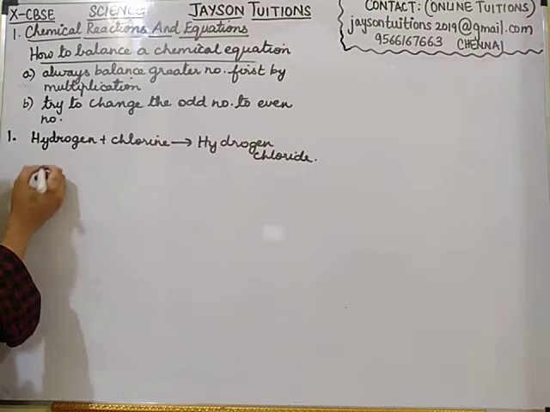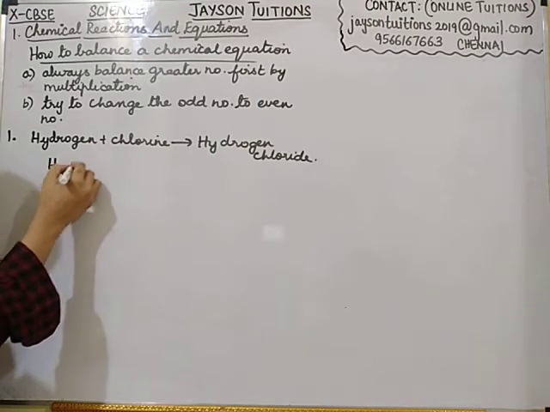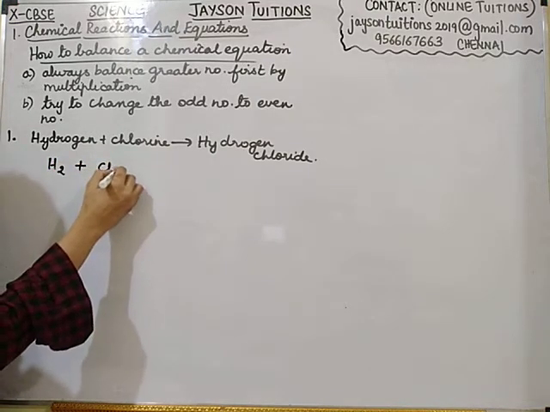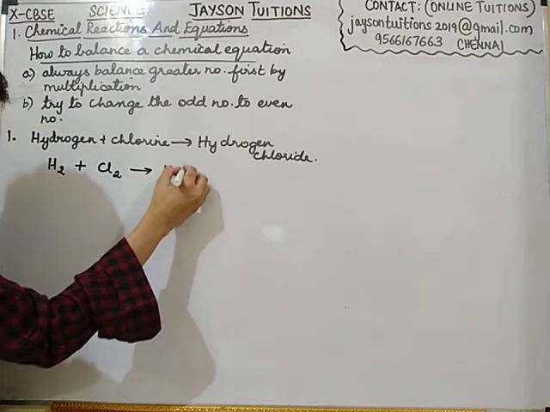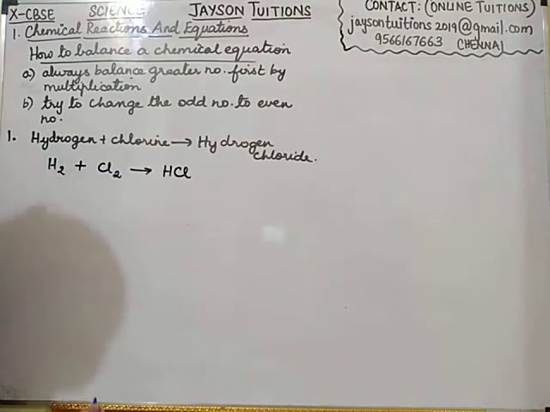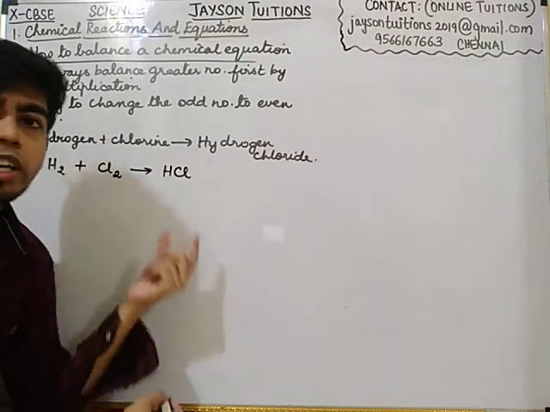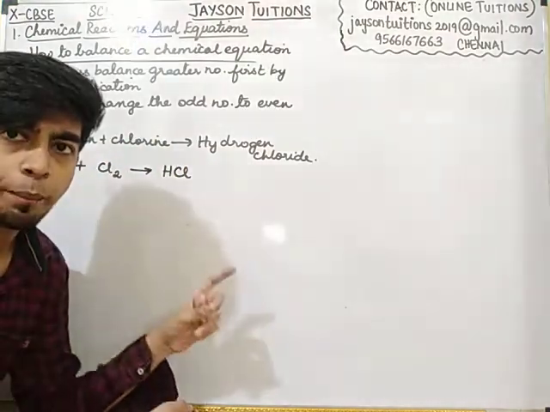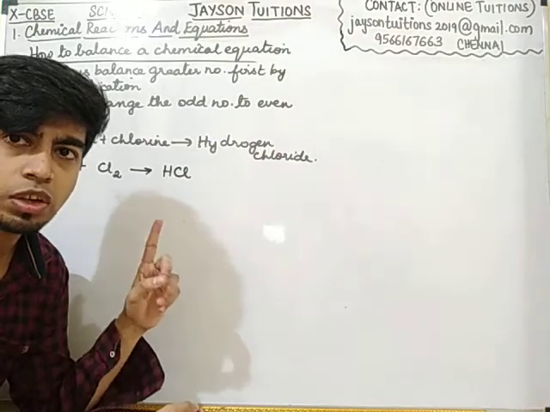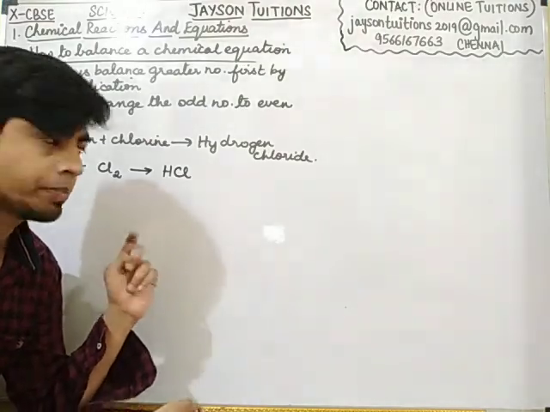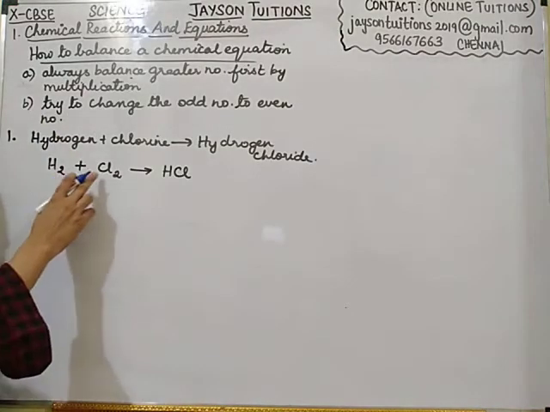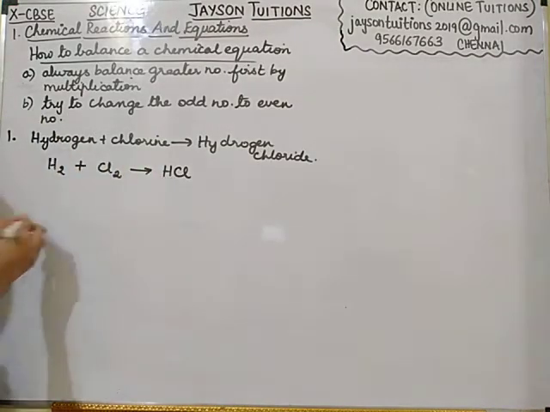What is the symbol for hydrogen? H2. For chlorine, the symbol is Cl2. Hydrogen chloride, it is HCl. Again, in order to find out the formula of a compound, you should be thorough with the crisscross method, which you have studied in your 9th standard.